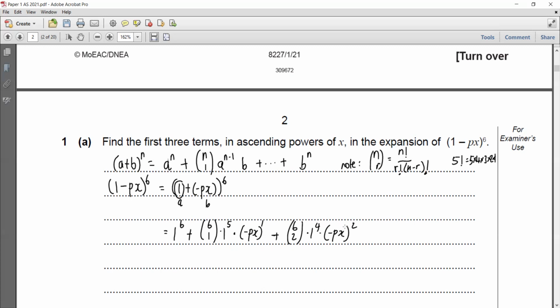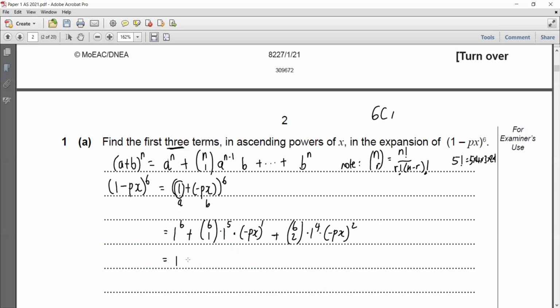So this is as far as we'll go because we are only asked to work out the first three terms. 1 to the power of 6 is 1, and then 6 choose 1. This you would type in on your calculator. On the calculator, it should look like the 6, the C, and then 1, which is 6 choose 1.